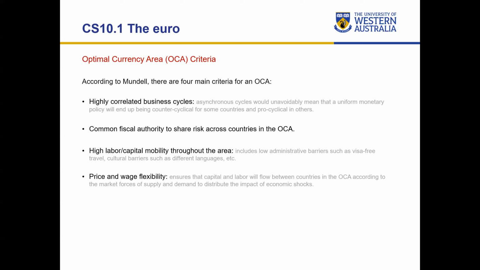And wage and price flexibility, well, obviously that doesn't exist in Greece, because if it did, their economy wouldn't be struggling as it did during the European debt crisis and for many years since then.